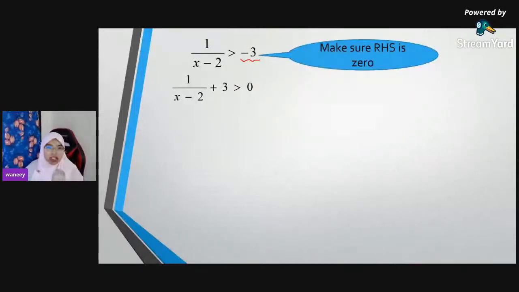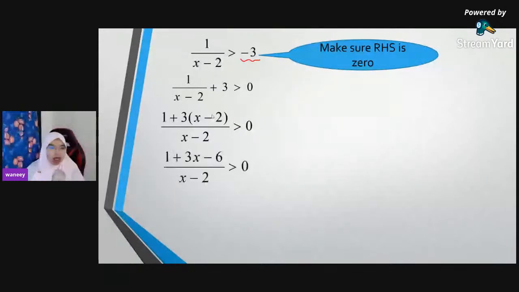Now we change it into a single fraction: 1 plus 3 times (x minus 2) over x minus 2 greater than 0. Simplify the numerator, and we get 3x minus 5 over x minus 2 greater than 0.